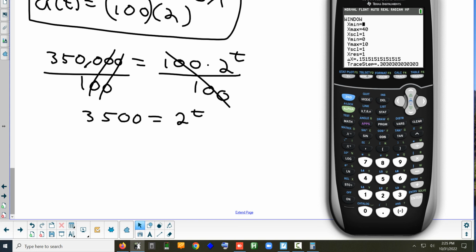No. We're assuming that none of the bacteria dies, it just keeps doubling. So that's 0. How many times is it going to have to double? Well, I know 40 is way too many times. I think it happened definitely within 20. What should I set my y max to? I don't think 10 is going to quite cut it.